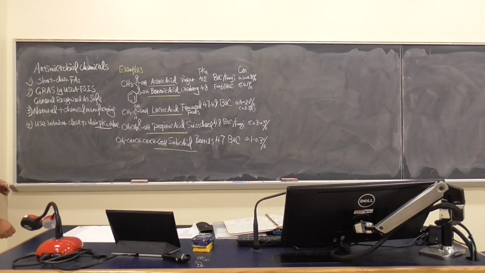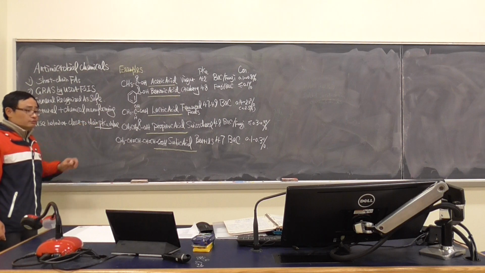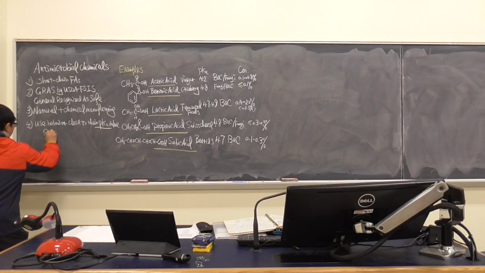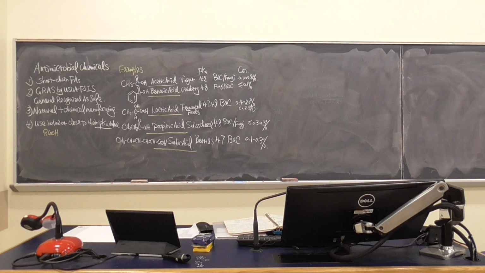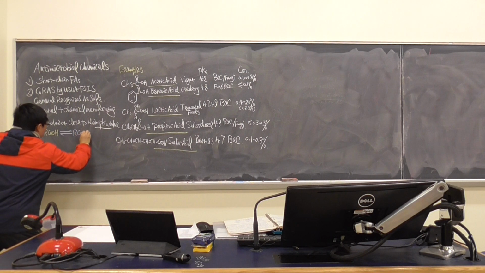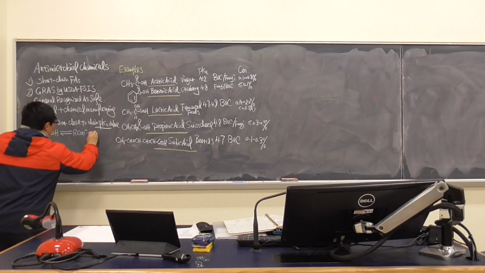Now we want to talk about this pK value. What does that mean? So let's give you a review for the chemistry. I have R-COOH. It's a weak acid. The weak acid that could be dissociated become R-COO negative and the proton.